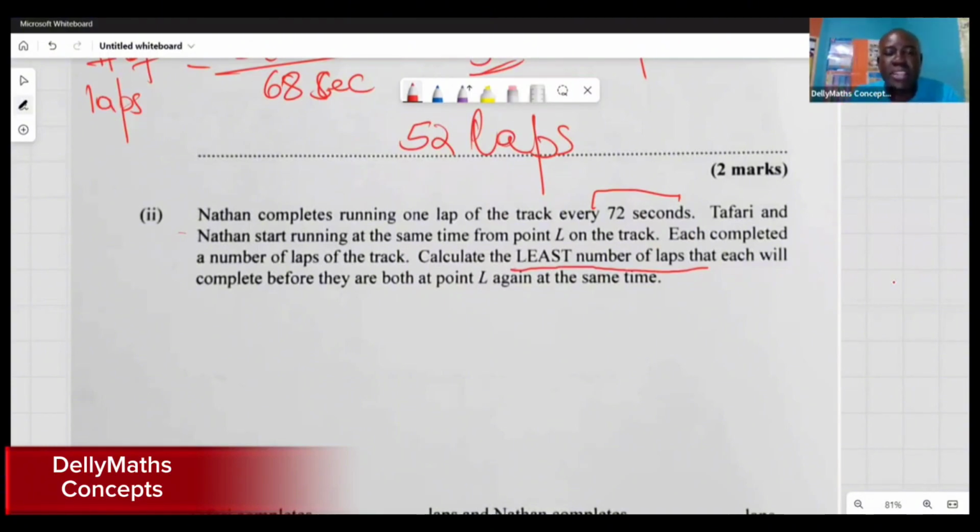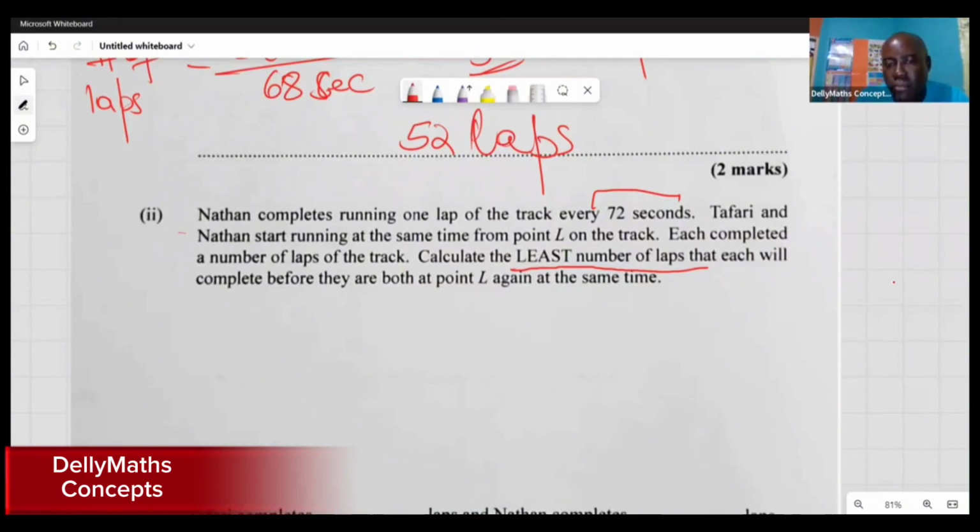Basically what they're saying is they're going to be starting at the same spot, right? One is running at 68 seconds per lap, another one 72 seconds per lap. So the question is saying that if they're running at their pace, how long will they take? Basically, how many laps would they have to do to pass that same spot together?